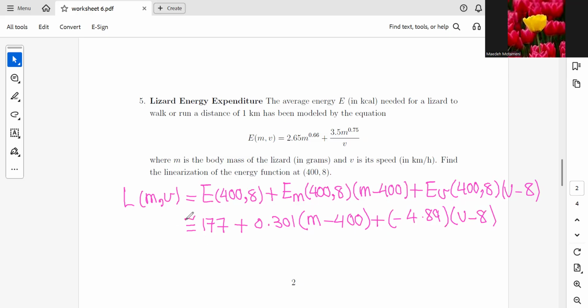And this would be approximately 0.301 m minus 4.89 v plus 96.